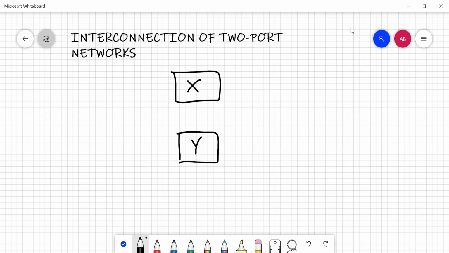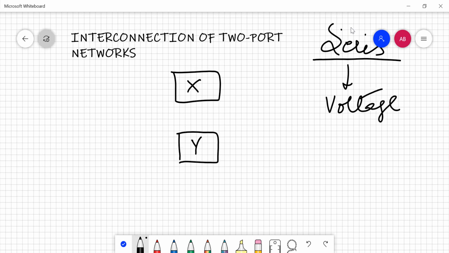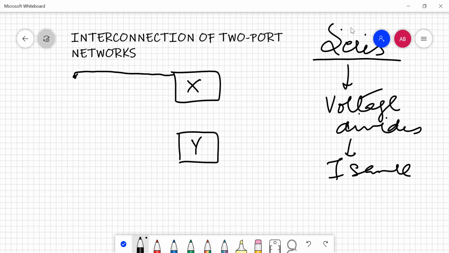So let's do that. When we talk about the series connection, you all know that whenever we talk about series, voltage gets divided while the current remains the same. So if this is my two-port network's input port, it should be in such a way that the current shouldn't get divided.